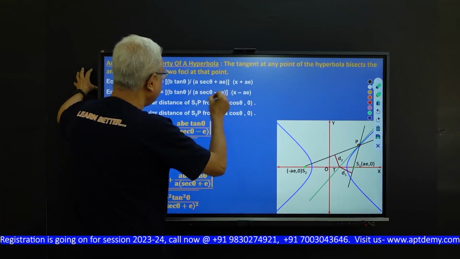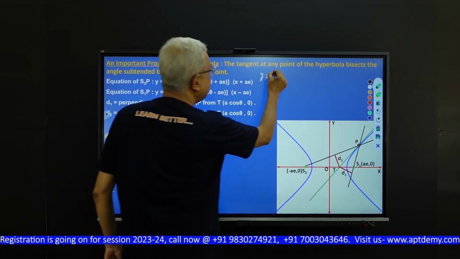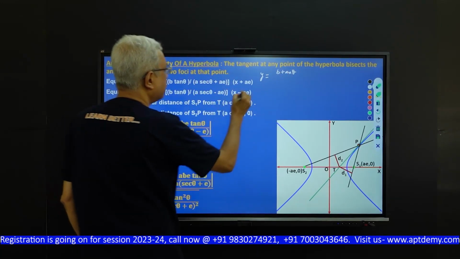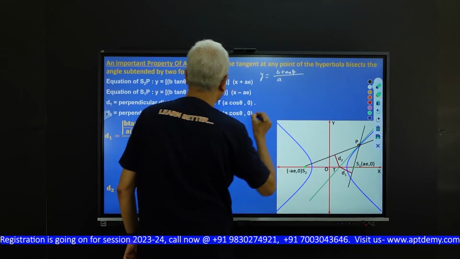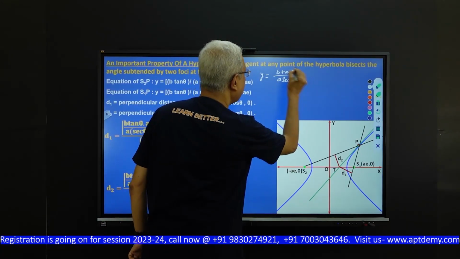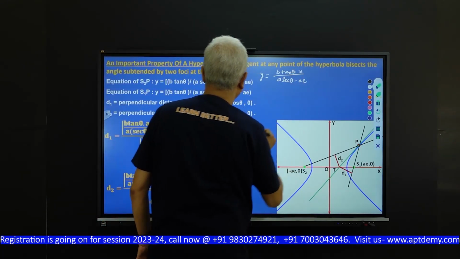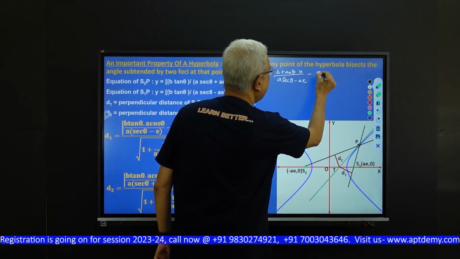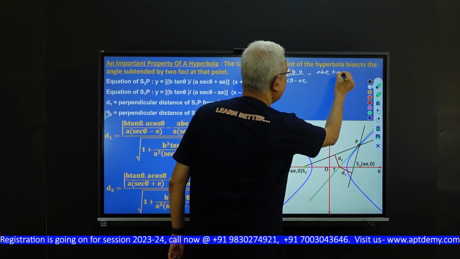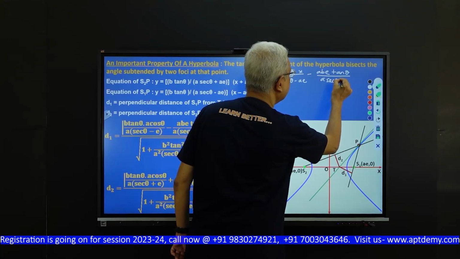Our S1P's equation is y = (b tan theta by a sec theta minus a) into x minus a b e tan theta by a sec theta minus a.